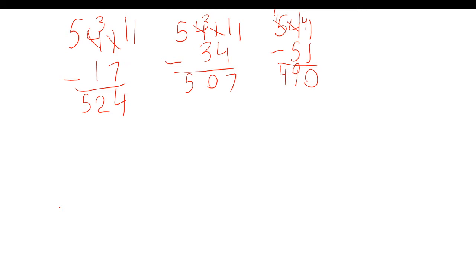Now, what's the rule for 9? The divisibility rule for 9 states that if a number is divisible by 9, the sum of its digits has to sum to a multiple of 9. Now, what's a multiple of 9 that is greater than 11? Well, 18. 18's in the teens. It's pretty close by. We can just find that.